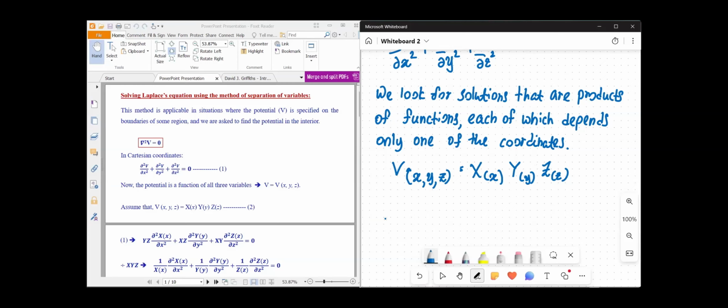Then we have our Laplace equation, del squared V over del x squared plus del squared V over del y squared plus del squared V over del z squared is 0, and we are going to use this format of potential here.